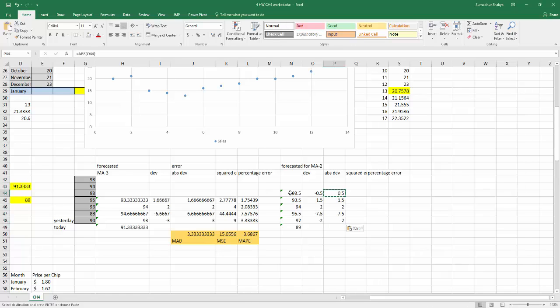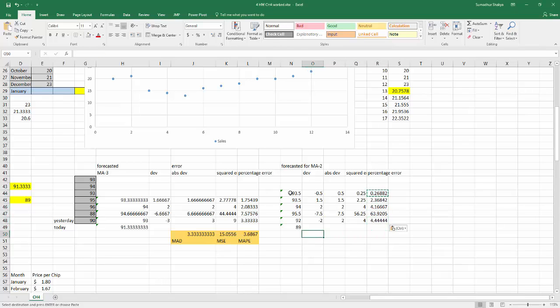That gets me here. If I was to square these, I will have what you call squared errors, raised to power 2. And if I was to make a percentage of the error, let me multiply this time by 100 divided by the actual values. That gives me the percentage error.